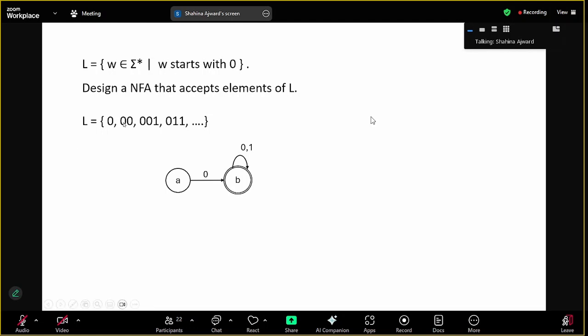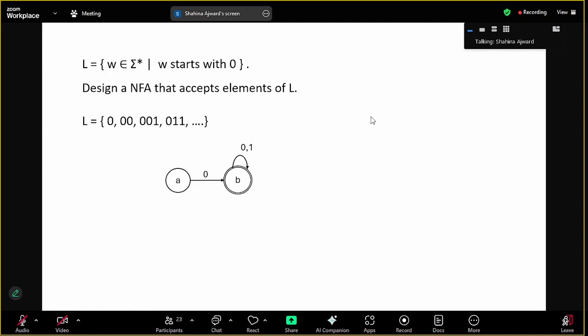If you check the second word, let's say these words are accepted by the machine that we designed. Our second word is zero zero. It comes to A on zero, goes to B, and again ends at B. How do we find out whether a particular word is accepted?